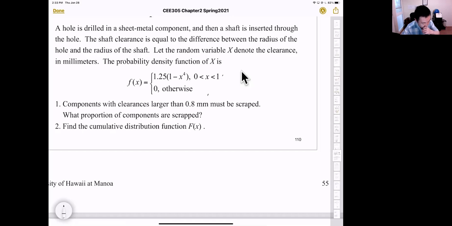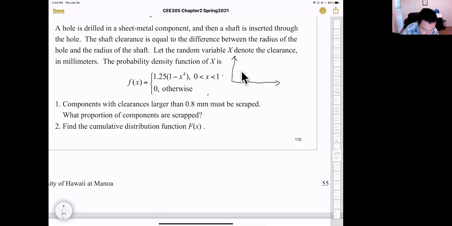All right. So first of all, let's try to plot the general shape of the curve. fx is non-zero only between 0 and 1. So let's see what fx is equal to when x equals 0 and 1.